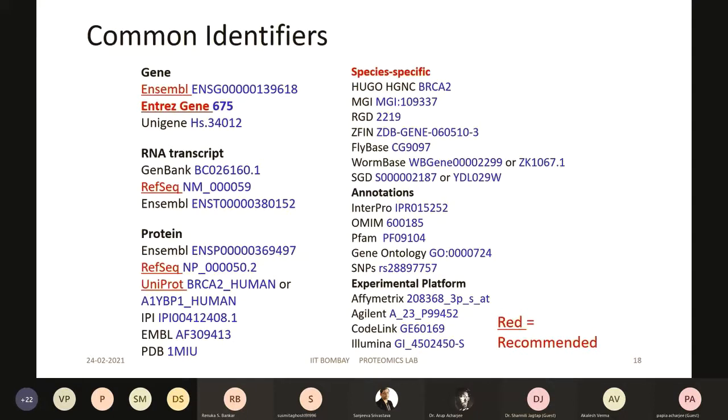So these are the common identifiers. You see, this is only for one single protein, but there are so many kinds of identifiers. So what we really need to keep in mind is that there are accepted identifiers like the Ensembl identifier, the RefSeq identifier, UniProt. Basically, if you're using proteomics, we generally use a UniProt identifier. So don't mix and match.